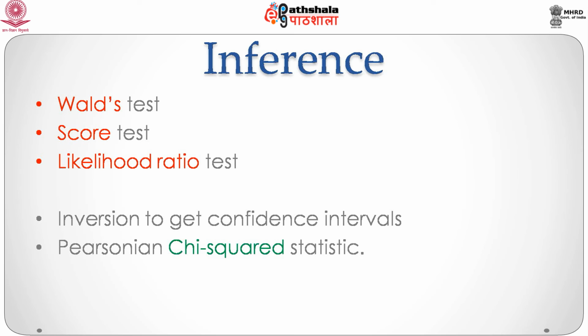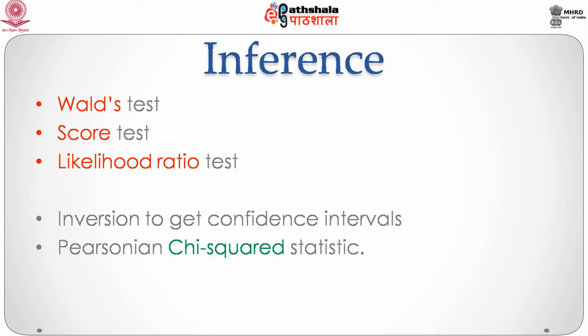So for example, to test the hypothesis whether the odds ratio is 1, that is, there is no association between x and y, or equivalently to test the hypothesis that the log odds ratio is 0, the Wald test could be constructed using log of OR hat divided by the standard error of log of OR hat, and we know that under H naught this would be normally distributed with mean 0 and variance 1.